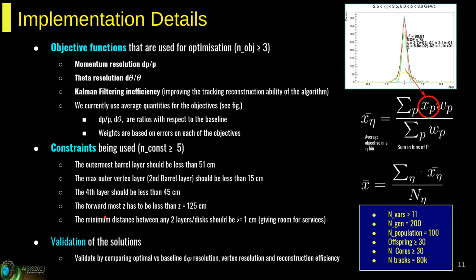The minimum distance between any two layers or discs should be greater than or equal to 1, which gives some room for service. Finally, once we have the optimal set of solutions from this optimization, we can then validate our solutions against other objectives which don't get into this optimization, namely the vertex resolution, the reconstruction efficiency, etc.